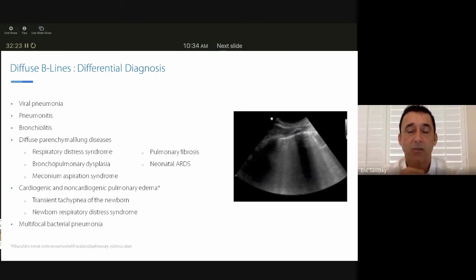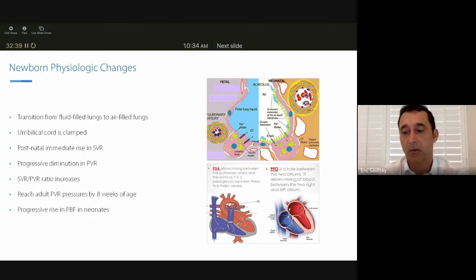All of these tend to have a diffuse B-line pattern and are termed alveolar interstitial syndrome. The pleural line tends to be preserved in cardiogenic and non-cardiogenic pulmonary edema and tends to be lost in the infectious or other inflammatory processes.